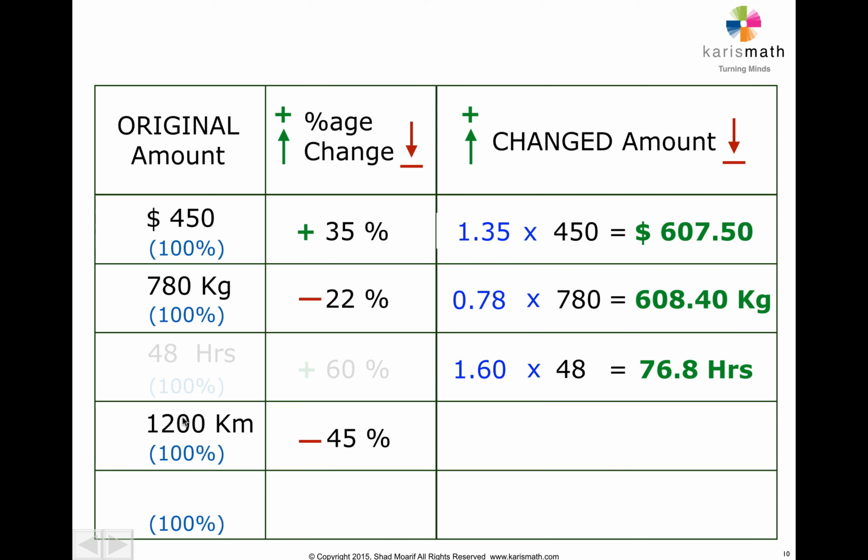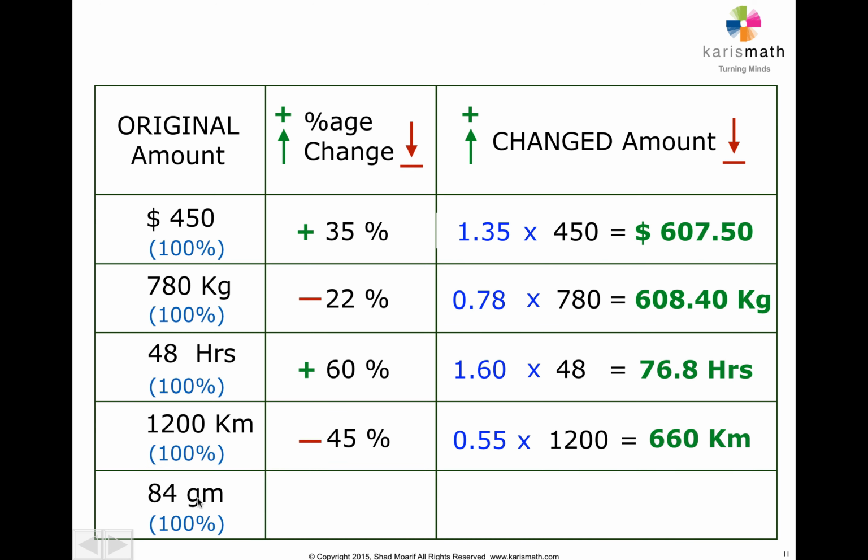So 55%, which is 100 minus 45, of what? Of 1,200 kilometers. And this becomes 0.55, very good, times 1,200. What's the answer? Excellent, 660 kilometers. So 1,200 kilometers reduces to 660 kilometers.